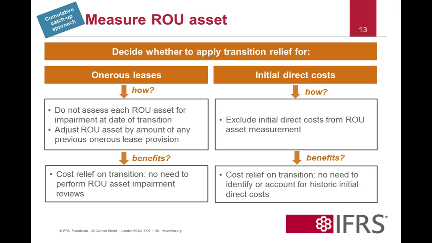These kinds of costs are normally included in the initial measurement of a right of use asset. However, on transition, a lessee is not required to factor these costs into its right of use asset measurement.